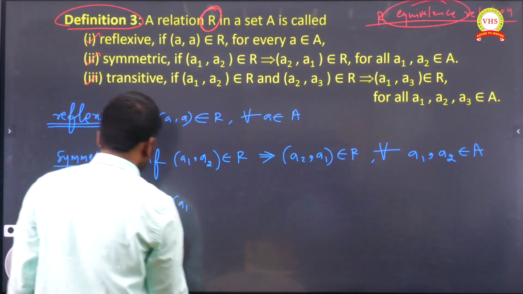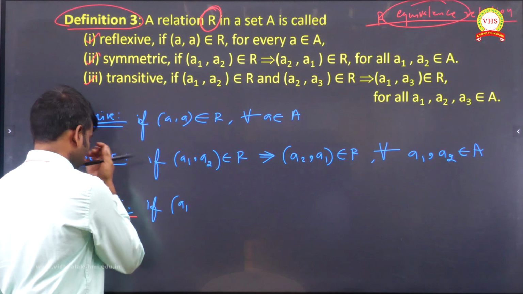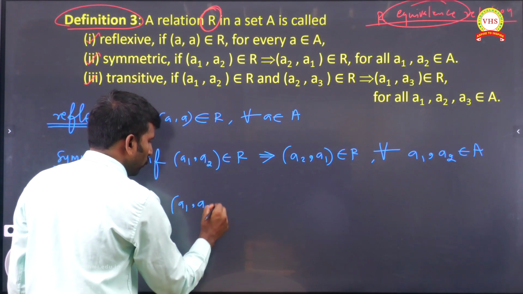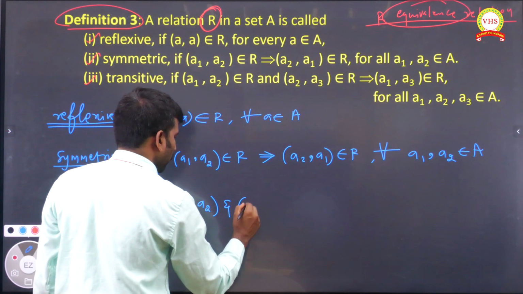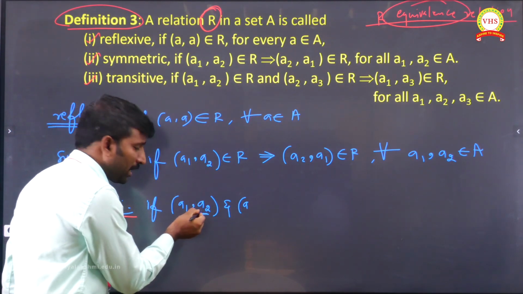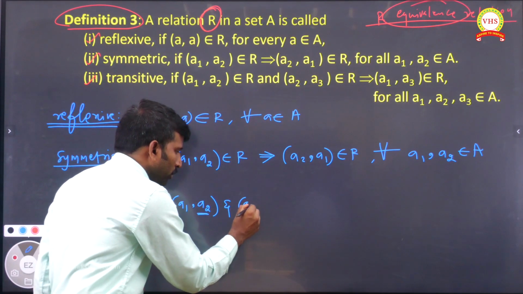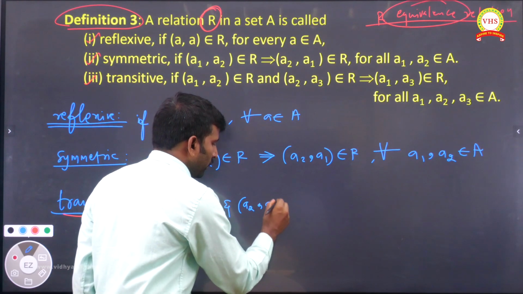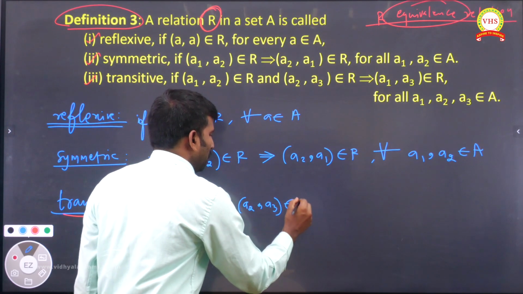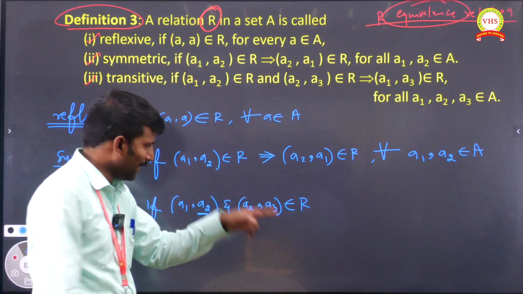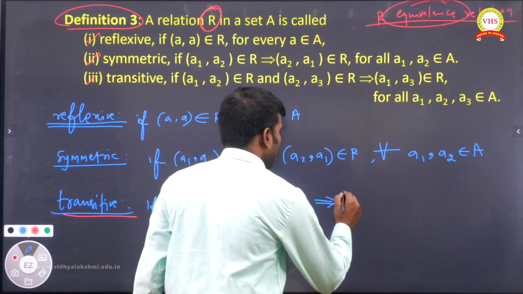Right. Next we'll go to the transitive. For transitive, we take (a1, a2) and see where I am ending. The first pair ends in a2, so you have to start the second pair with a2. A2 comma, continuing, will be a3. Both should belong to R. Then what do you want to get?